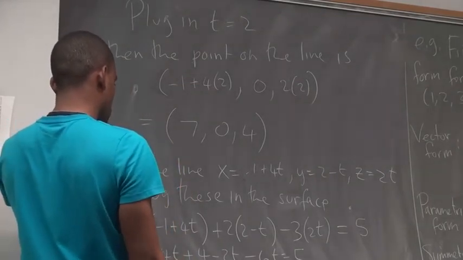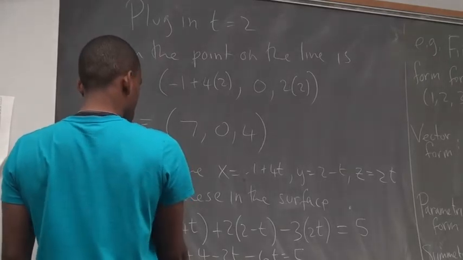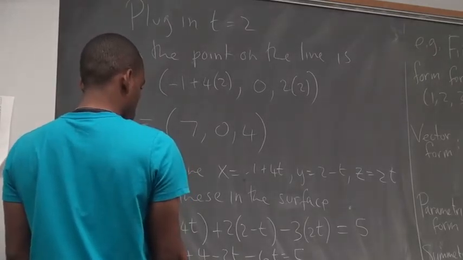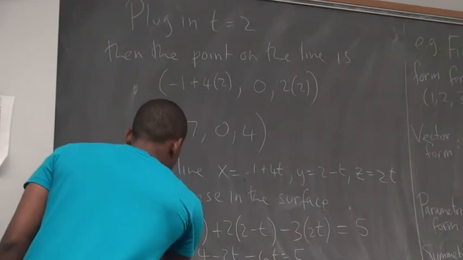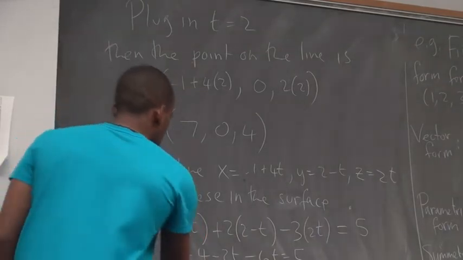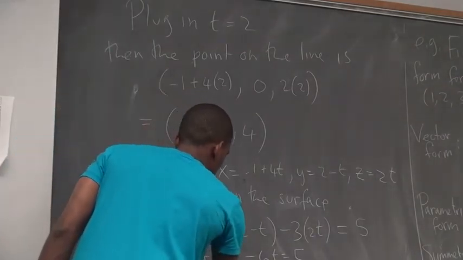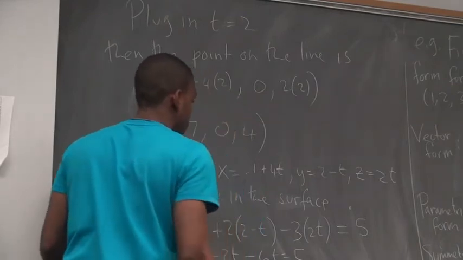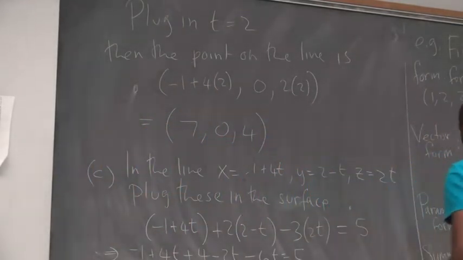So this is 6 minus 4 is 2. So negative 4t equals 2. So t equals negative 1 half. Right, so now we plug this in.